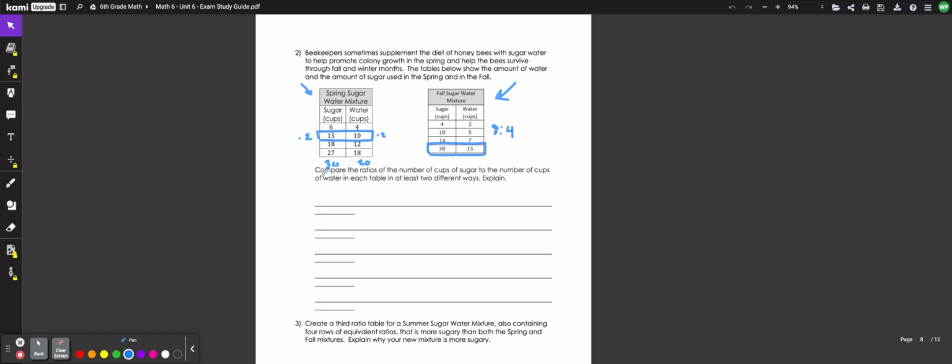So when we compare the ratios, comparing the amount of sugar to the amount of water in 2 different ways, we were able to see that the fall is sweeter because there's more sugar. Fall has more sugar.